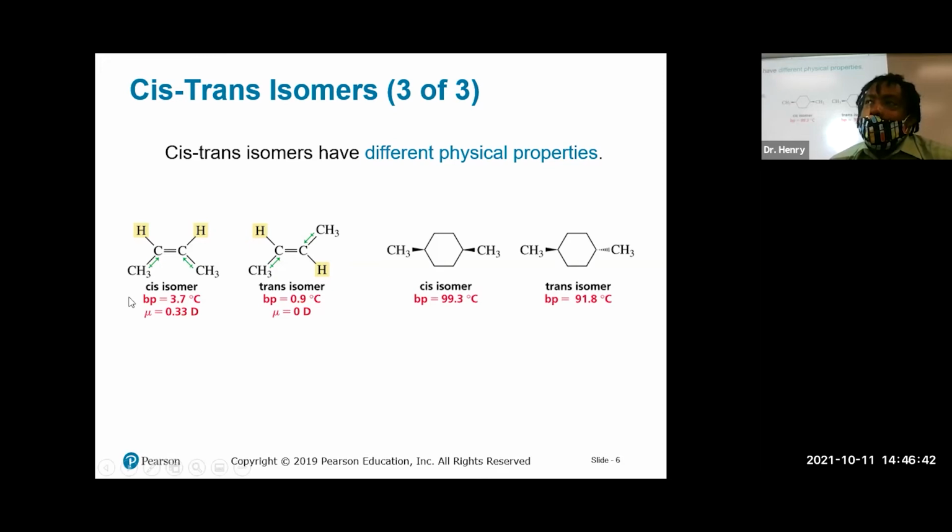So here we have the boiling point of the cis isomer compared to the boiling point of the trans isomer. The boiling point of the cis isomer is higher than that of the trans in this situation.